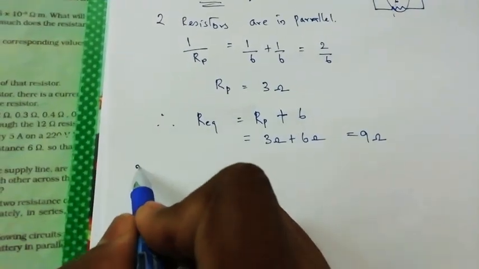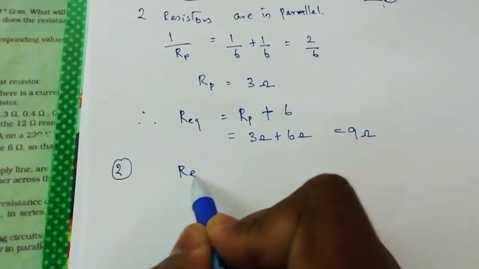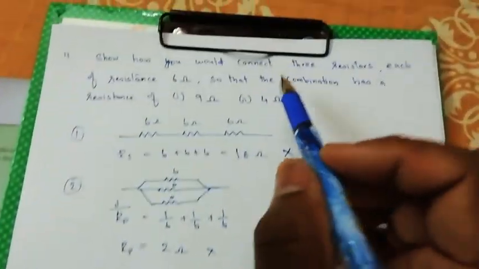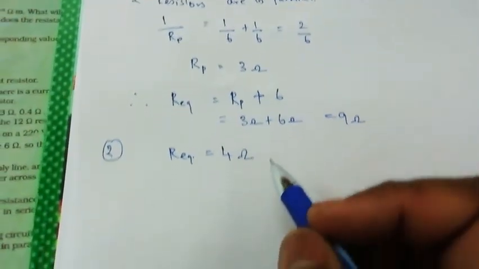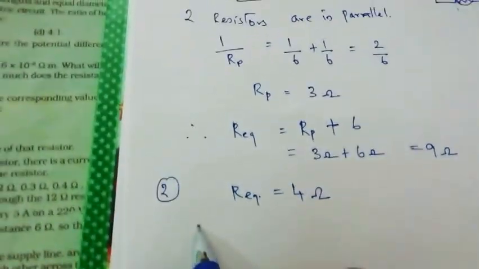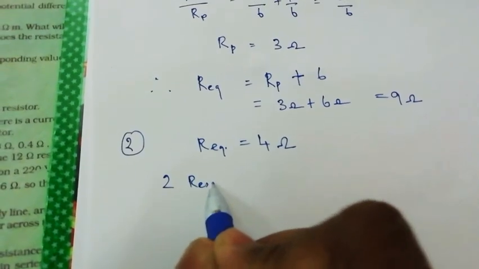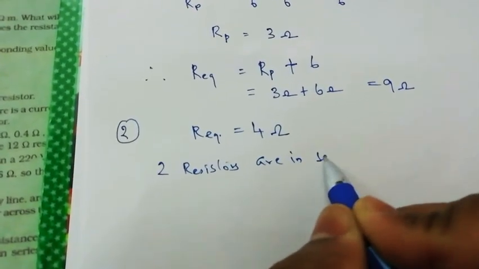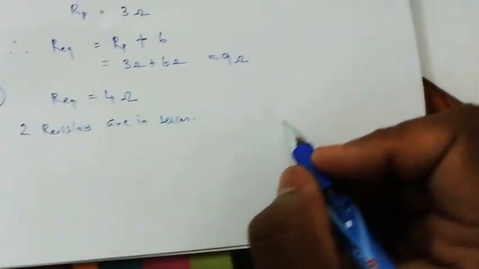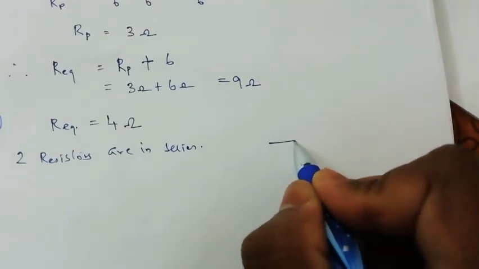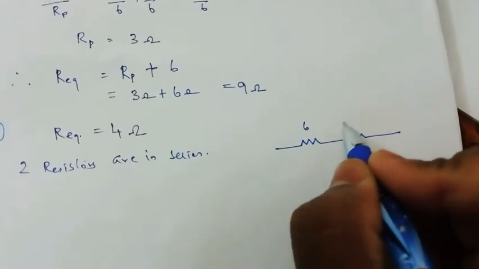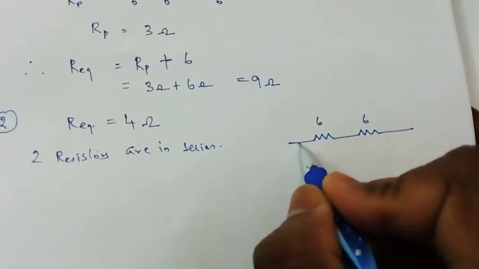Okay, we have another equivalent resistance. Now the other one is 4 ohms. How does it come? Now we connect two resistors in series. For example, this is 6 and this is also 6.